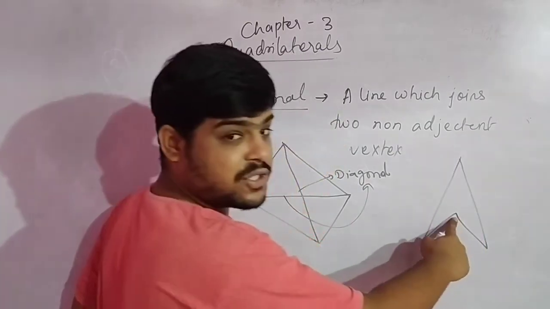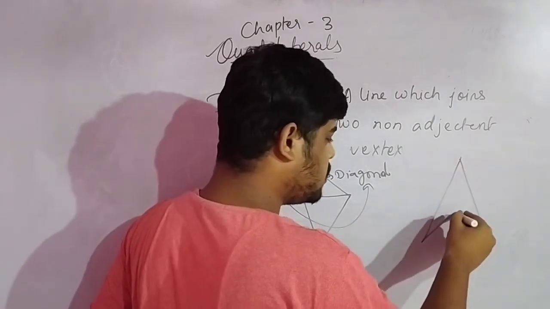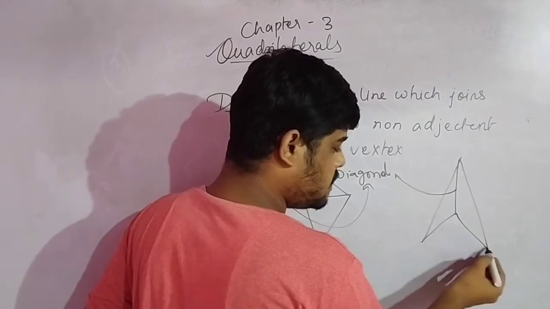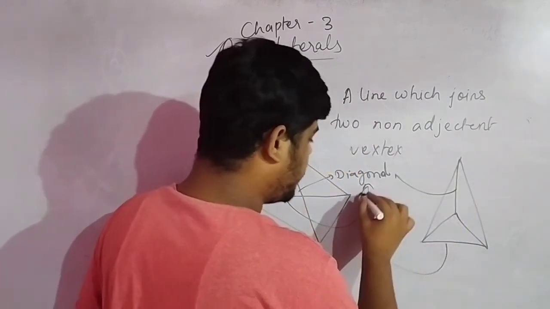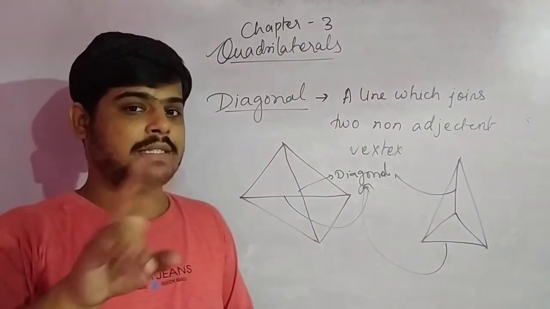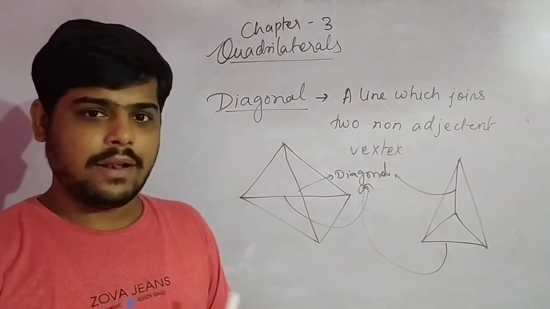This and this is adjacent, so we cannot join this, but this and this is not adjacent, so we can join this. So this line is also a diagonal. This and this we can also join, so this line is also a diagonal. So a diagonal is a line which joins two non-adjacent vertices.